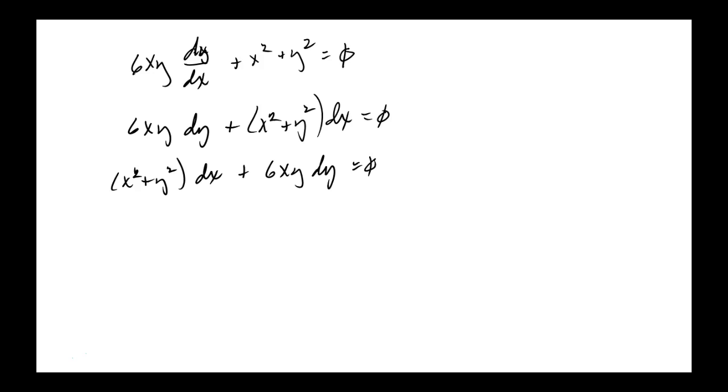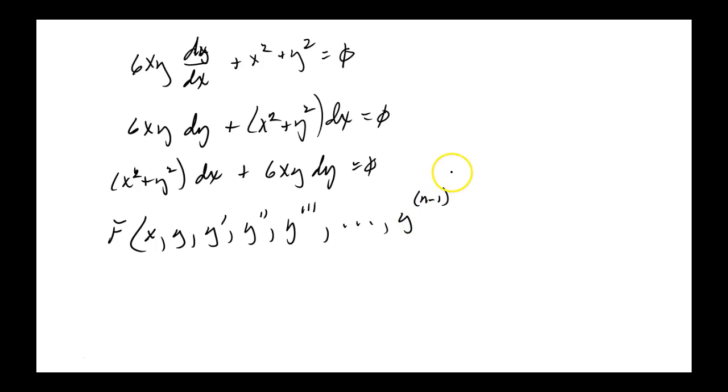But if you can take any old equation and write it in a general form such as this, f of some x, some y, and then some derivatives of y, y prime, y double prime, y triple prime, dot, dot, dot, up to and including y to the n minus 1, equals 0.